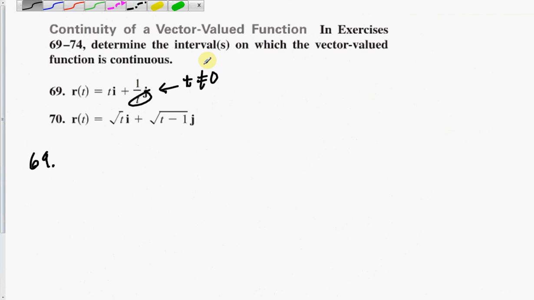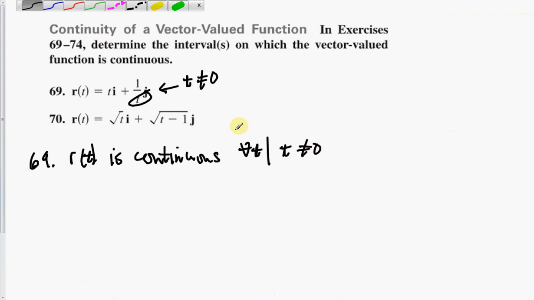So for number 69, r of t is continuous for all t such that t is not equal to 0.